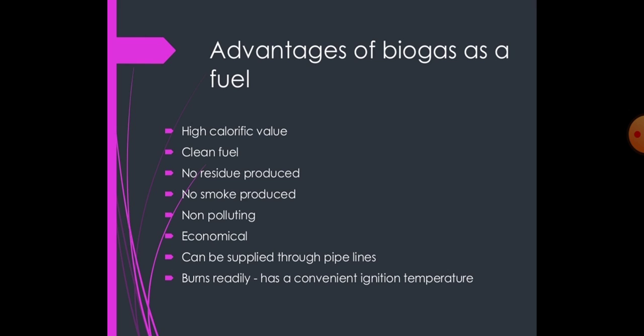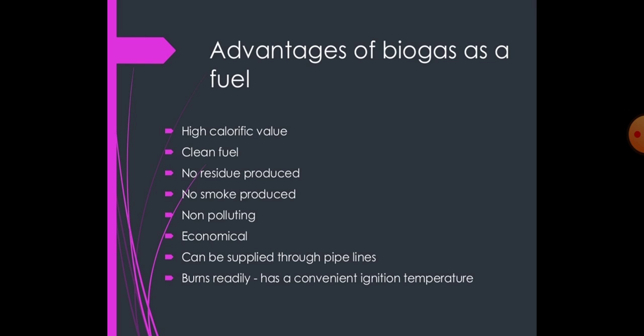Economical, so this is basically economical on the basis of the gas which we are getting, and the amount which we have spent on this plant. So basically it will be economical in nature.